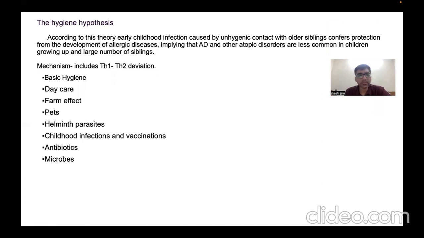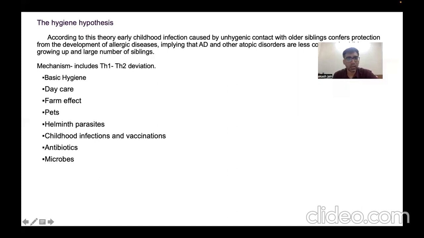Now, the mechanism includes Th1 and Th2 deviation. That is basic hygiene, daycare, farm effect, pets, helminth parasites, childhood infections and vaccinations, antibiotics, and microbes.